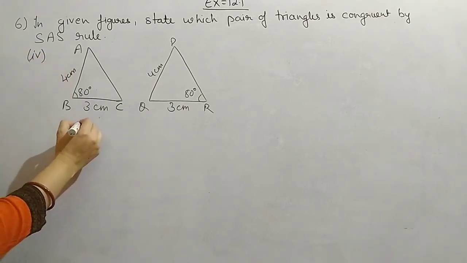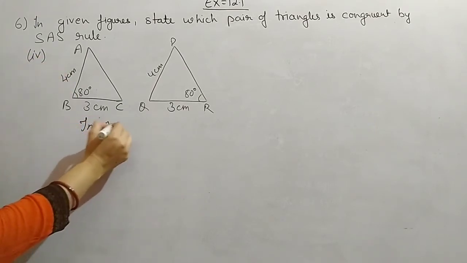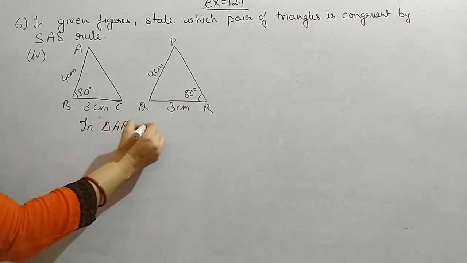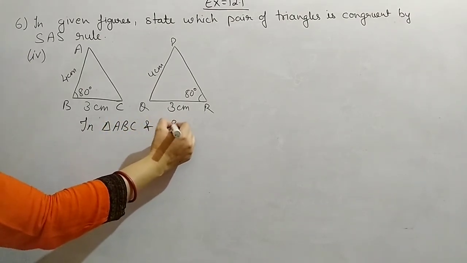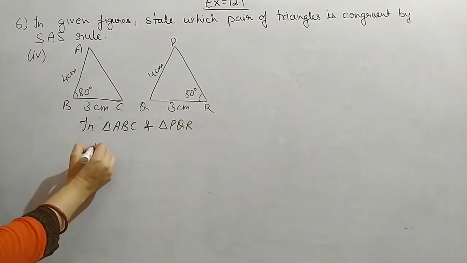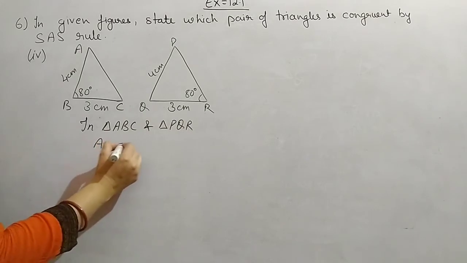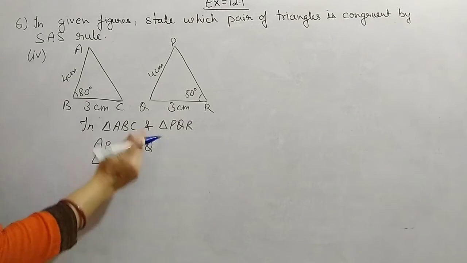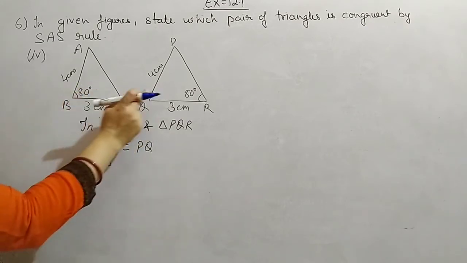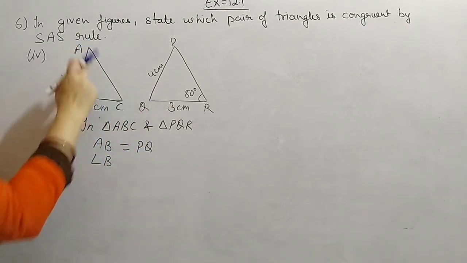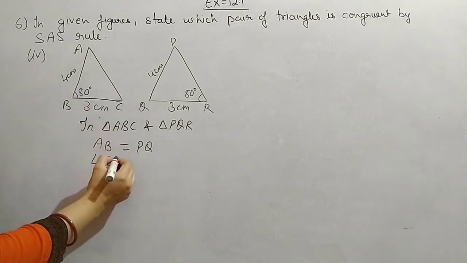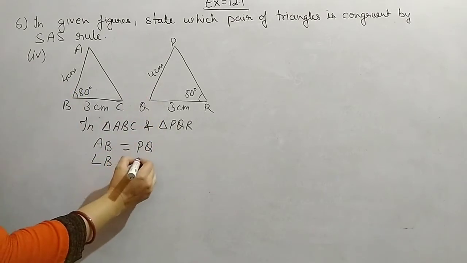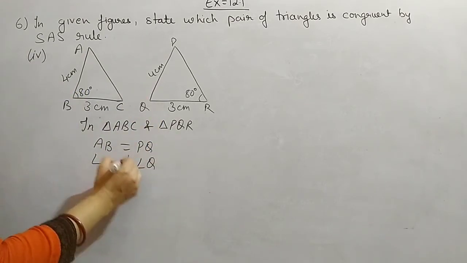So we will write in triangle ABC and triangle PQR, AB is equal to PQ, angle B, then the included angle we have to compare. Included angle means the angle between these two lines. Here it is 80 degree, but here we don't have any information about this angle.